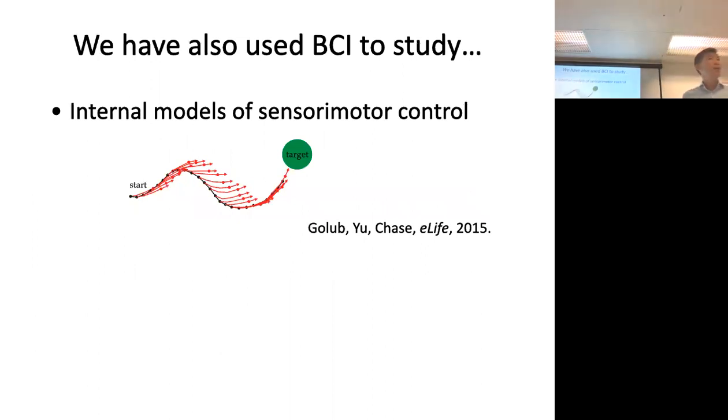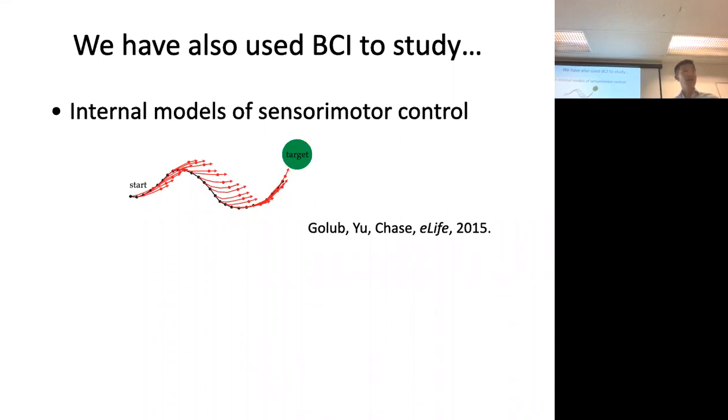We've also used BCIs to study several other questions involving internal models of sensorimotor control. The punchline of this story is that the animal is not perfect when using these mappings. Even the ones like you saw in the video, sometimes the cursor doesn't move perfectly straight to the target.